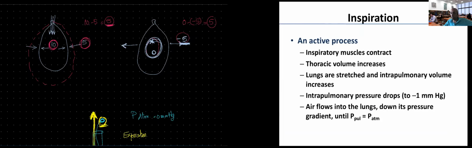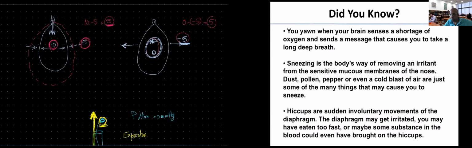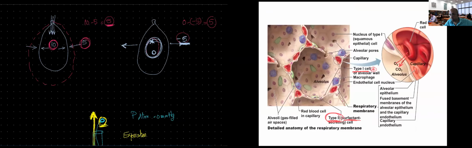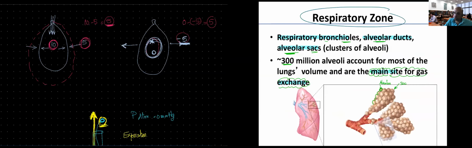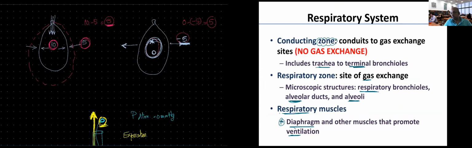What is the part of the lungs that performs most of the gas exchange? What do you think? It's my alveoli. And remember, the air sacs and alveoli are part of which zone? Did we mention something called the bronchial zone? We mentioned 2 zones, right? Conducting zone and respiratory zone.